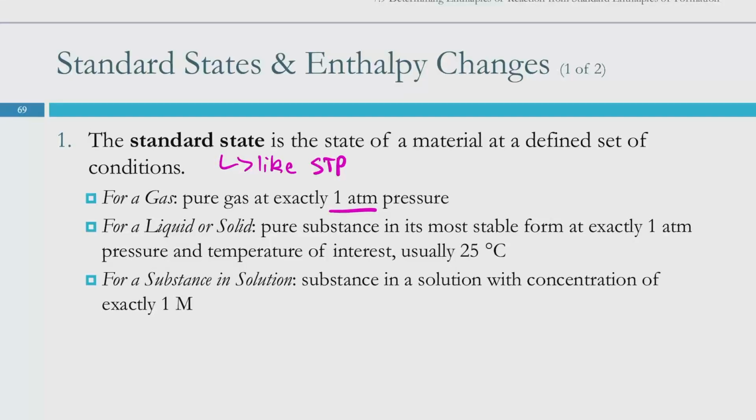If we're using a liquid or a solid, it's the pure substance in its most stable form at, again, 1 atmosphere of pressure, and whatever our temperature of interest is, usually 25 degrees Celsius or 298 Kelvin. That's like room temperature. If we're doing a substance that's in solution, then we're defining the concentration as 1 molar.